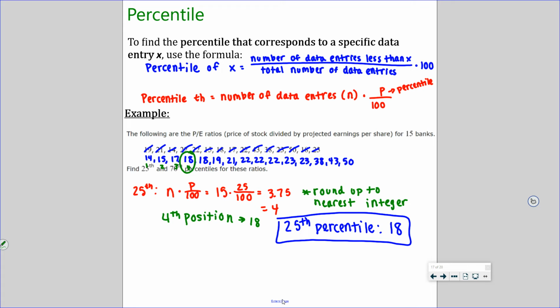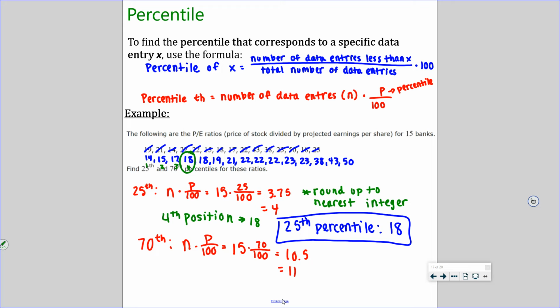It feels like a pretty complicated question to answer, but it's pretty simple math. It gets a little bit harder if you're doing the 70th percentile. I mean, then you're just doing 7/10, obviously, but this is the formula that they use in ALEKS, and I think it's fine. For the 70th percentile, I take my number of data entries, which is 15, times 70 over 100. There I get 10.5, so I round up to 11.